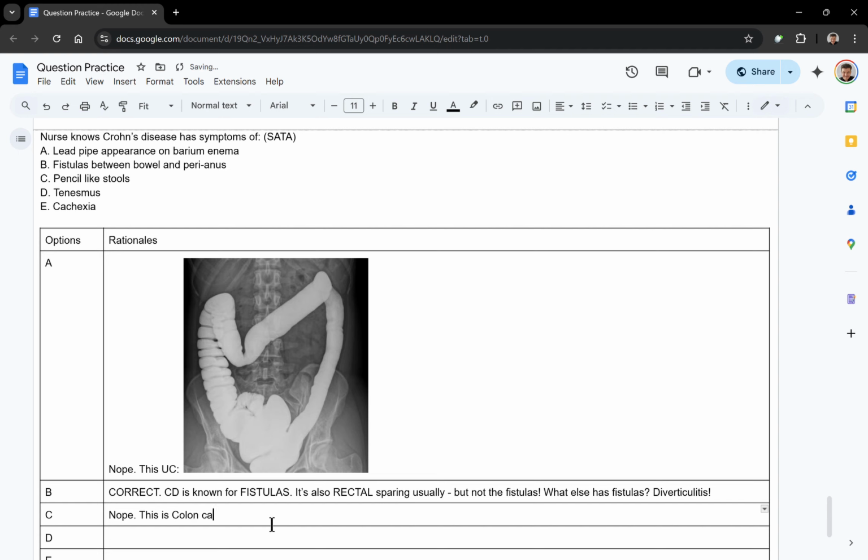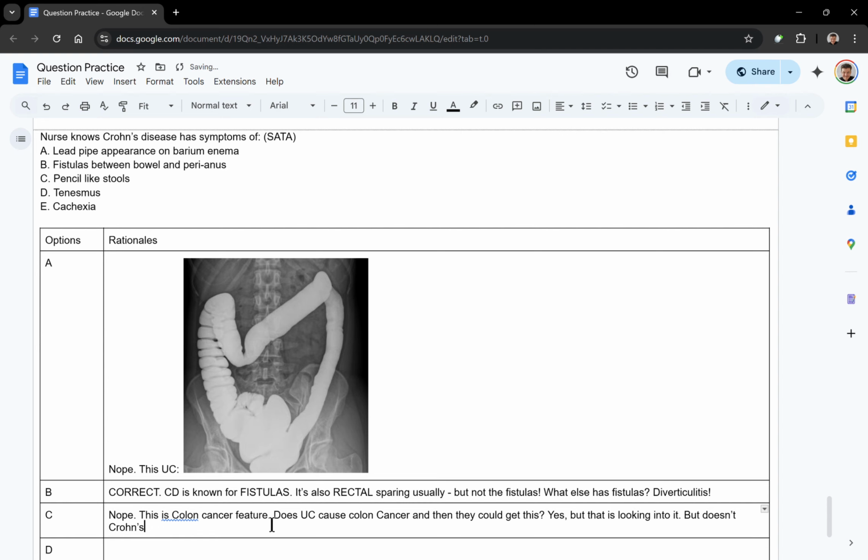Yes. So colon cancer, right? This is a colon cancer feature. Okay. Does UC cause colon cancer? And then they could get this. This is too far removed. Yes, but that's looking into it. But what doesn't... Crohn's cause colon cancer? Yes, but again, stop.